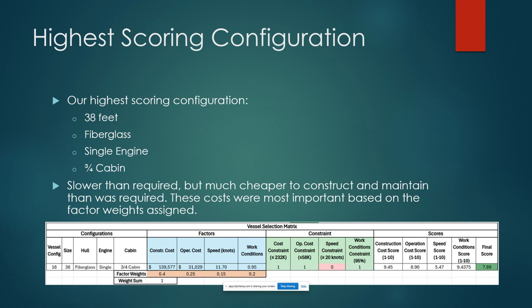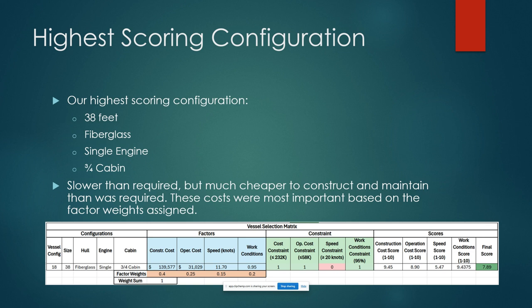Okay, I'll talk about our highest scoring configuration. Once the project was complete, we found that the vessel configuration number 18 was our highest scoring configuration with a final score of 7.89. It ended up being 38 feet, a fiberglass hull, a single diesel engine, and a 3/4 cabin coverage.